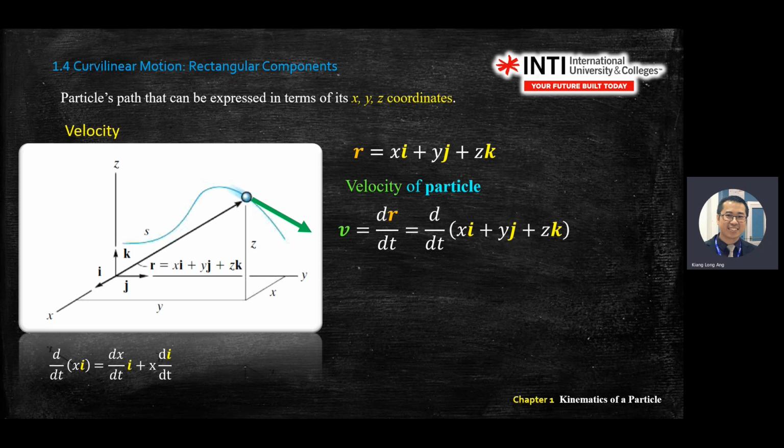It means you hold one and differentiate, plus hold the other and then differentiate. Now, based on these products, there is a change of x. Is there a change of i? No, because i is the x direction vector identity, so it is always constant along x. So there is no value for the second component. Make sense? Apply the same for yj and zk.